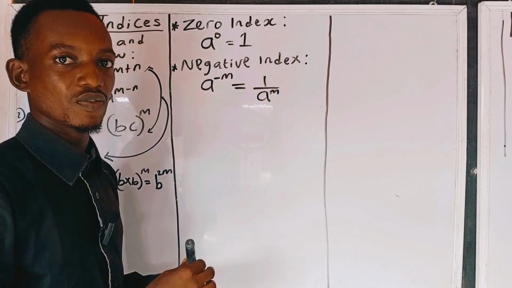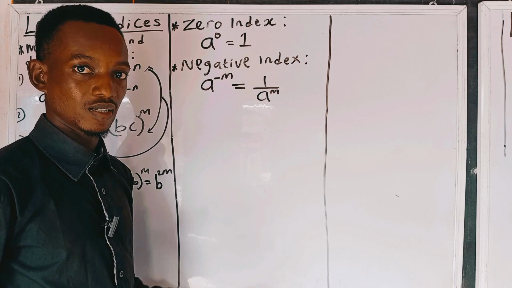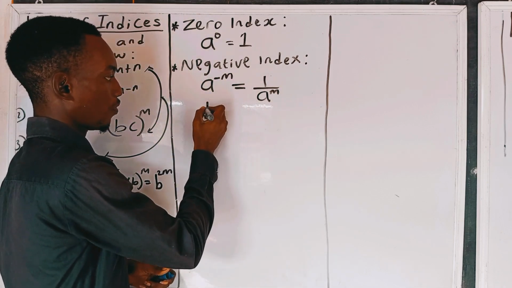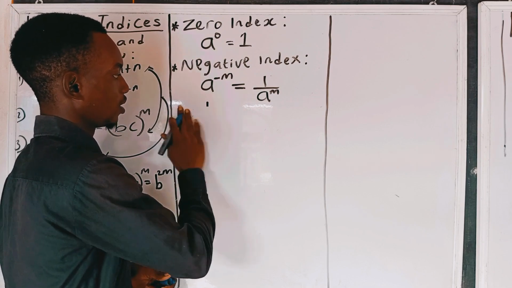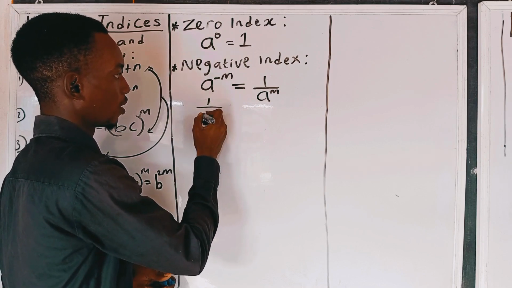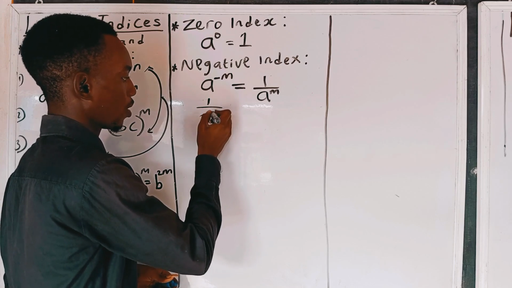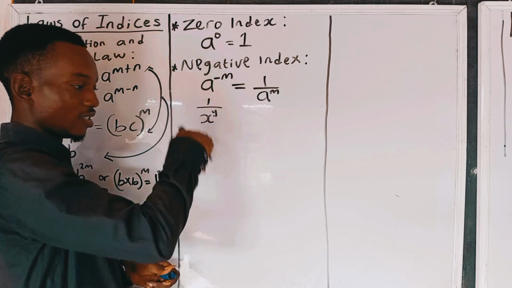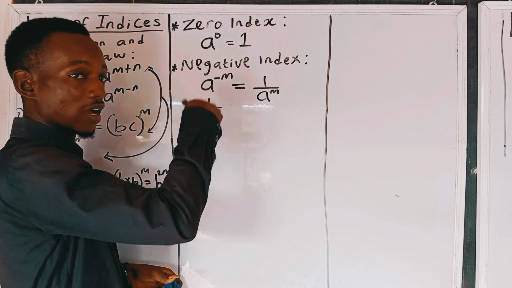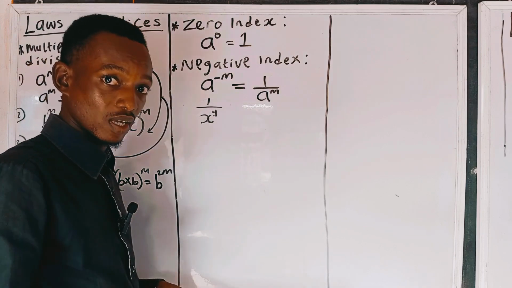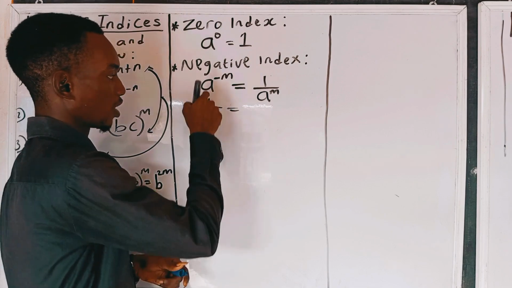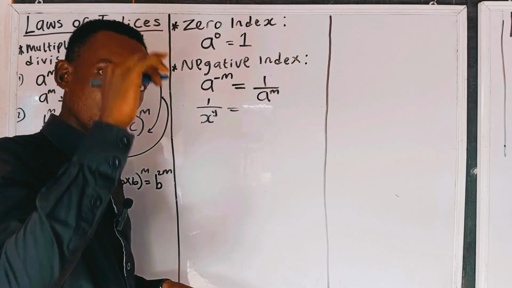So whenever we have a negative index, we change it to a fraction like this. It can also be the other way around. When you have a fraction, let's say you have 1 over, let's say, x to the power of y, with a base and the power in a fraction, we don't like that also in some cases. We can also convert it to a negative power. Don't forget 1 over represents negative power.